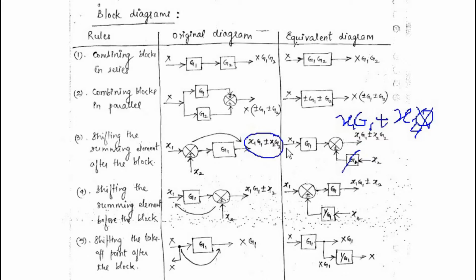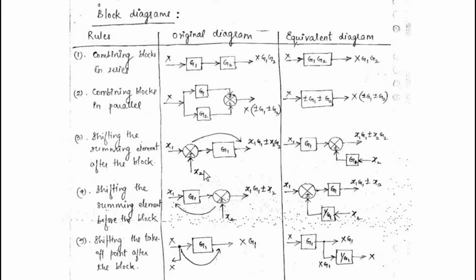If you are shifting the summing point, the output should remain constant. So to get a constant output as before, I am going to multiply with G2. So I am including this G2. Hope you understood this logic, right?